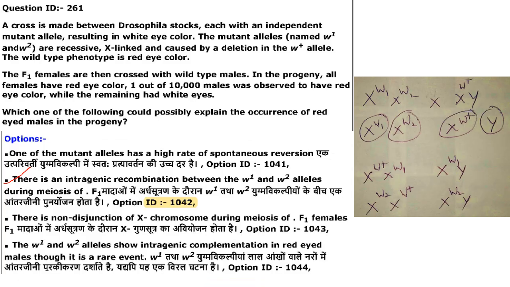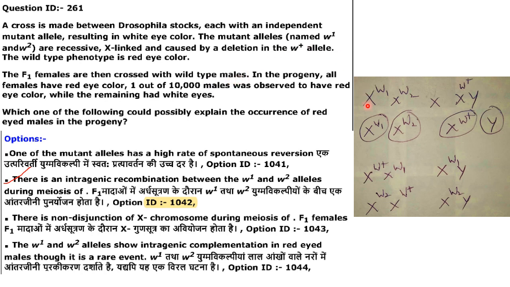A cross is made between Drosophila stocks, each with an independent mutant allele resulting in white eye color. The mutant alleles named W1 and W2 are recessive, X-linked, and caused by deletion in the W plus allele. The wild type phenotype is red eye color. The F1 females are then crossed with wild type males.